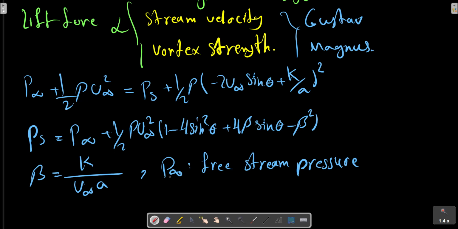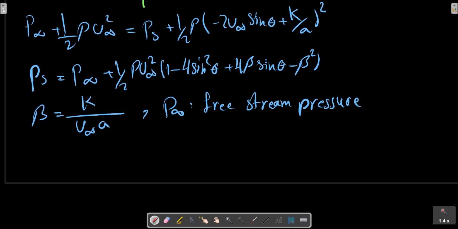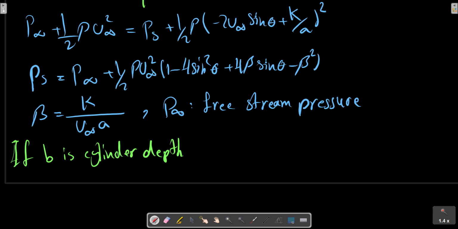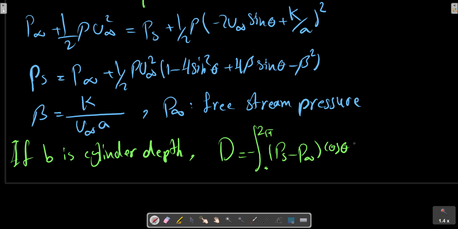If b is the cylinder depth into the paper, the drag D is the integral over the surface of the horizontal component of pressure force on the cylinder, with P_s minus P infinity times b a d theta.